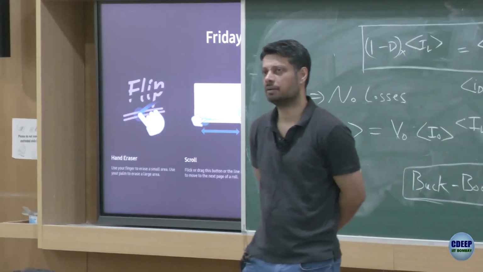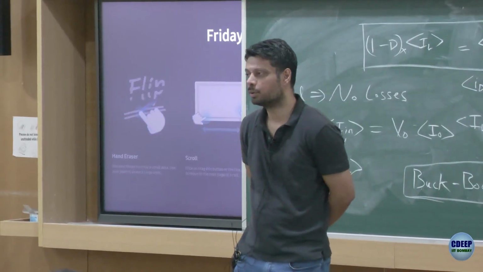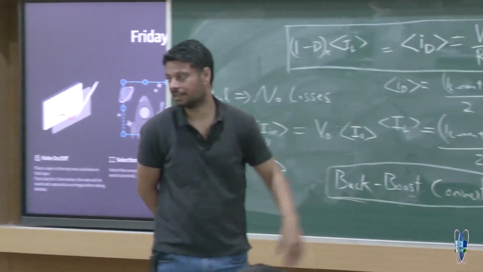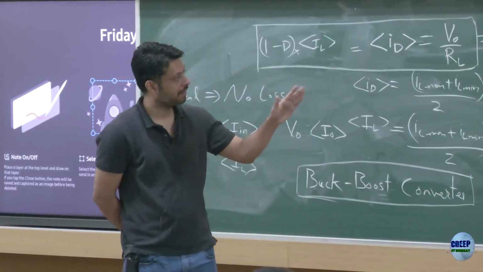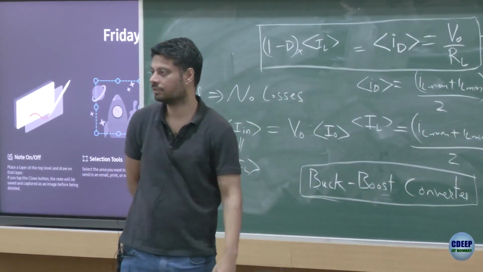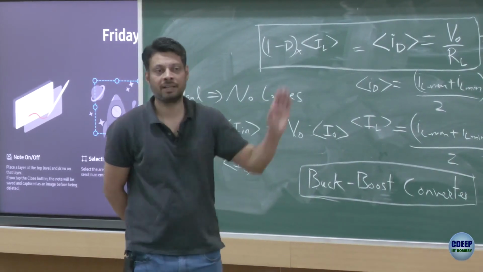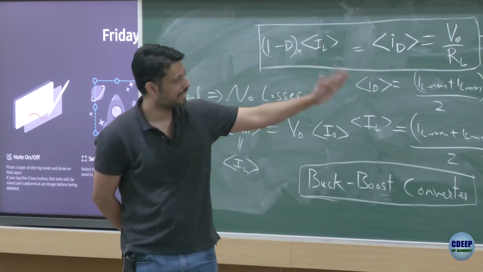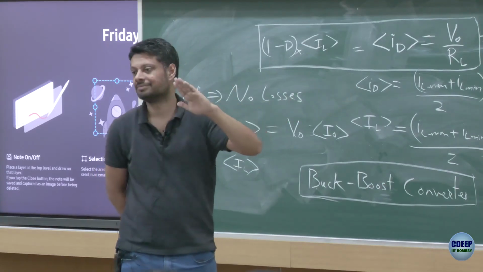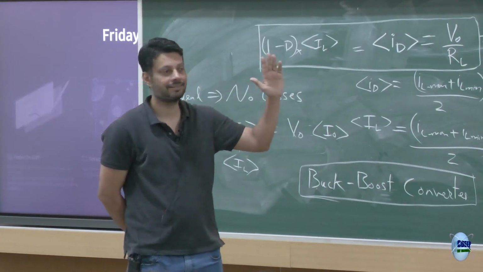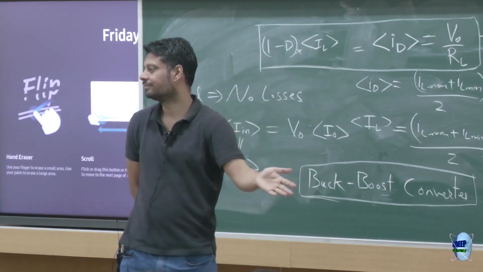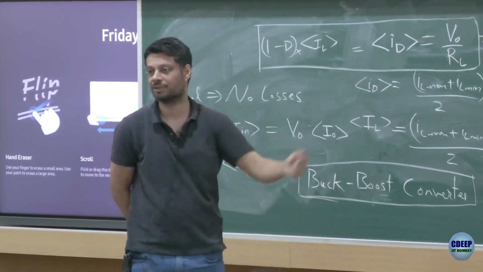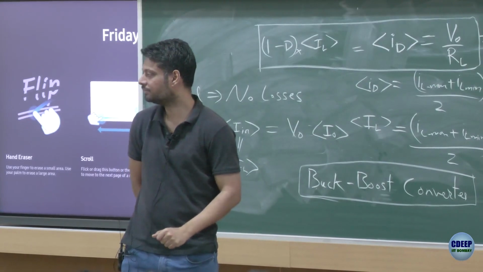I'll not go in too much detail in this course, but if you honestly ask me, looking at this circuit, could you have predicted this would have been a boost converter? Anyone, without writing these equations, without me telling you, could you have just looked at this converter and said that this is a boost converter? Or at least not the name, but you could have said the output voltage is more than the input average voltage. Anyone?